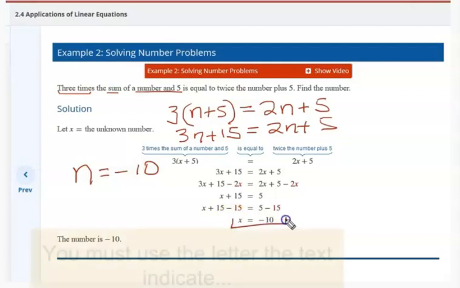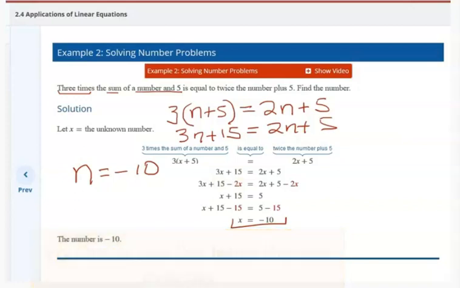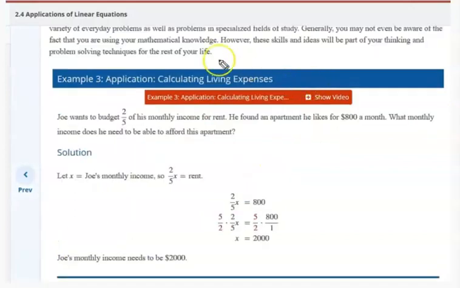And there's our answer. Now, I've chosen to use the n here. Often the x is what is the unknown. But if they tell you to use a certain letter, that's the letter you have to use. And again, be sure you're including the example number.